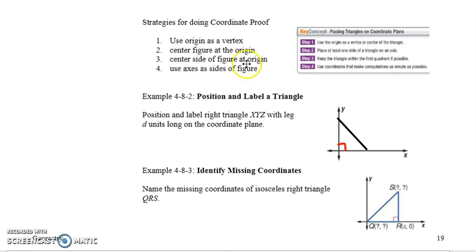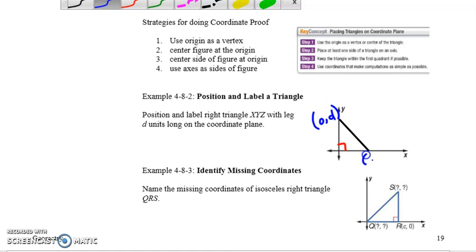So we're going to have this be 0, and then whatever our distance is up on the y-axis, and this would be our distance on the x-axis, and then 0 for our x, and then our y coordinate point right there. Okay, so legs D units long, we're going up D, we're going out D, and that's what that would look like if we centered that figure at the origin.